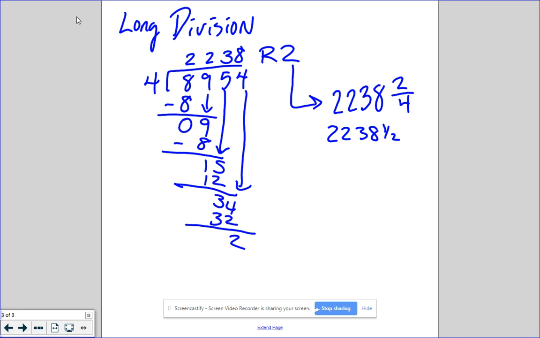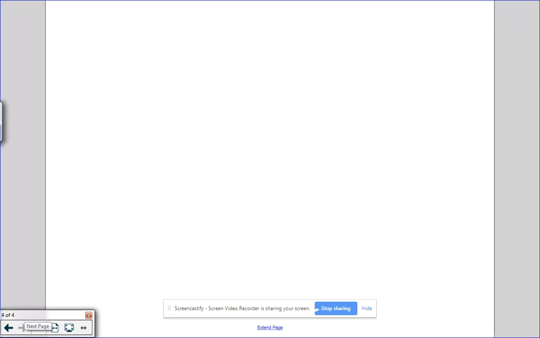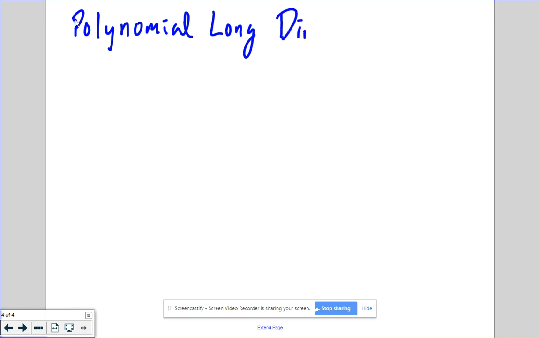Now, we're going to carry that concept over, and now we're not just doing long division. Now we're going to do polynomial long division.